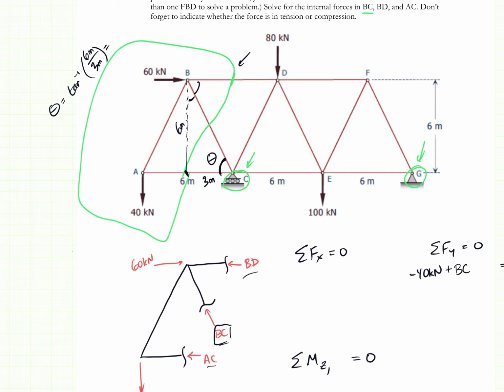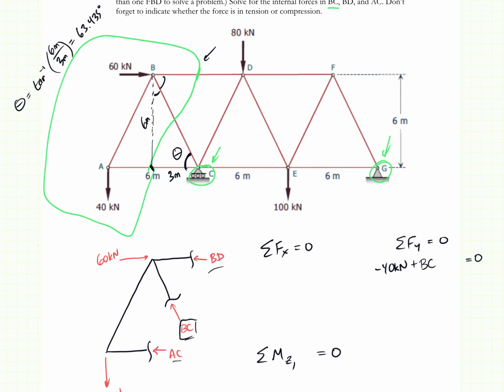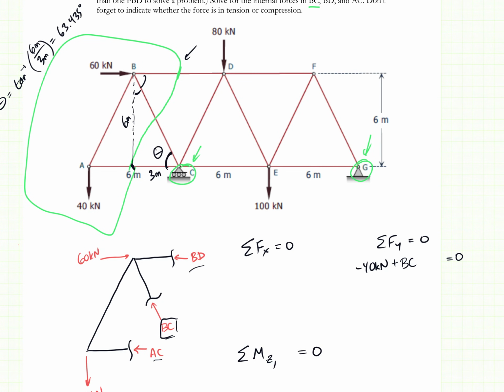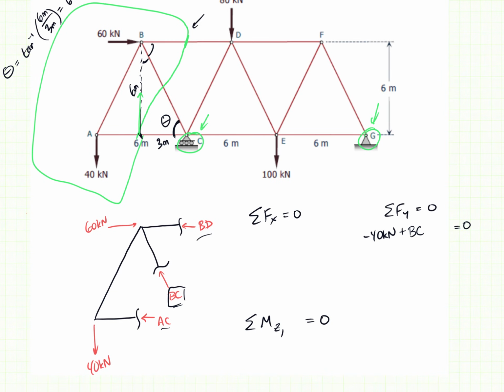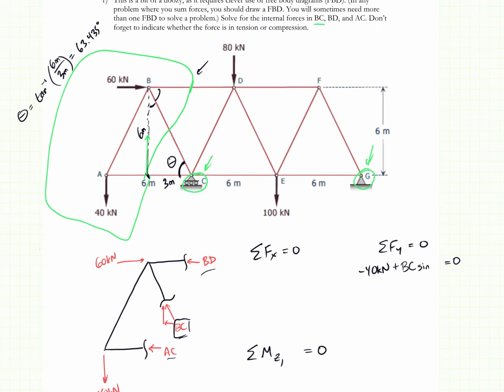So what is that? 63.435 degrees. So that means the vertical component of this force, this portion of it, not the horizontal portion, is going to be the sine of that angle, because it's the opposite, so it'll be sine of 63.435.